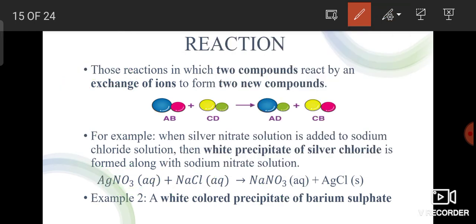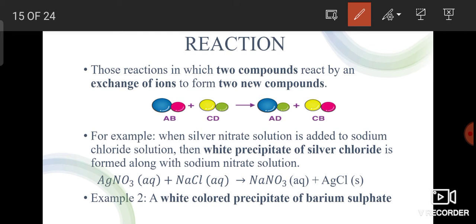Now we are going to understand the same thing with the help of some examples. This is the example before you. The first one is a precipitation reaction. All precipitation reactions are actually double displacement reactions. And even the neutralization reactions, where an acid and a base react to form salt and water, are also an example of double displacement reactions.